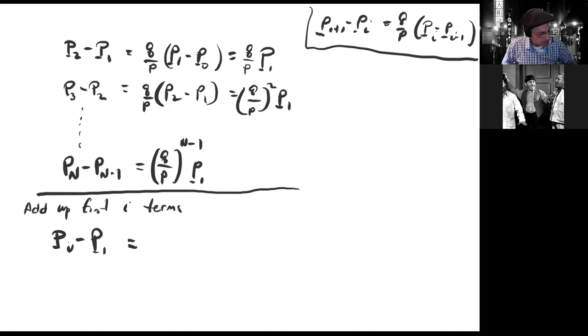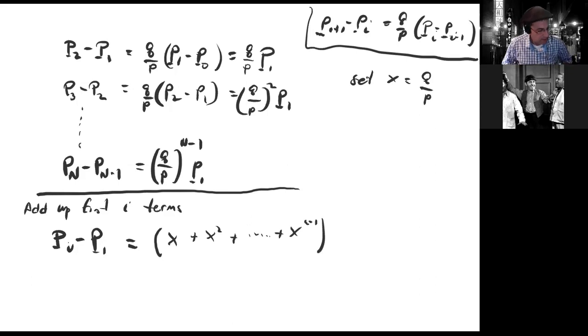And on the right, you get something sort of interesting. You're going to get an expression of the form q over p. Let's set x equal to q over p. So you're going to get x plus x squared plus x cubed all the way up to x to the i minus 1, and that's going to be multiplied by the number p1.